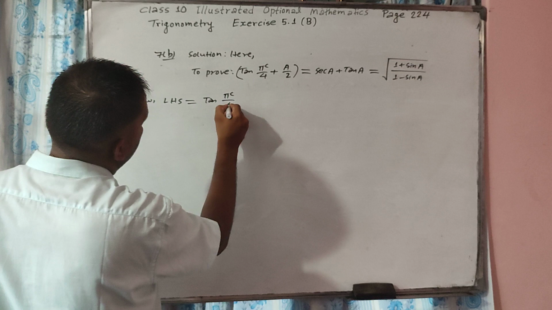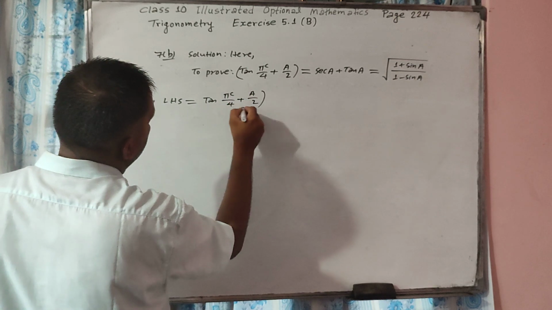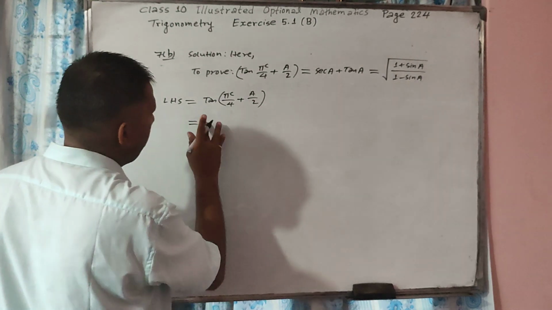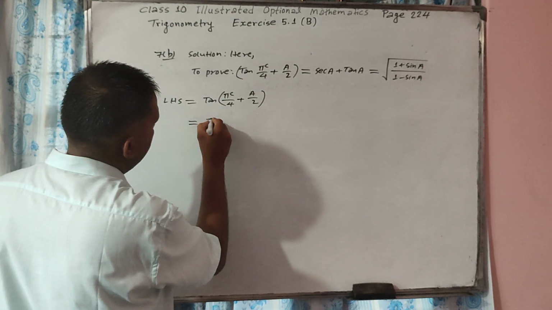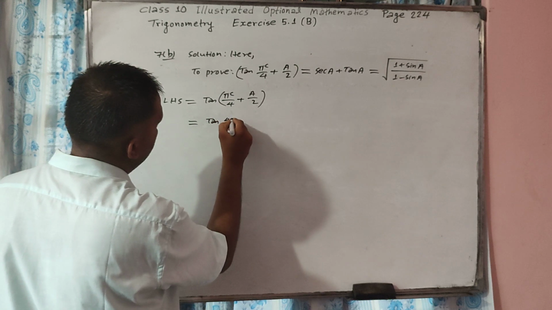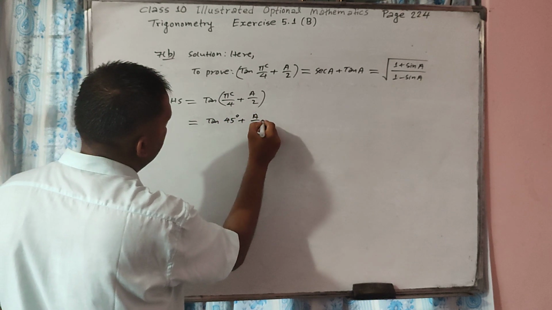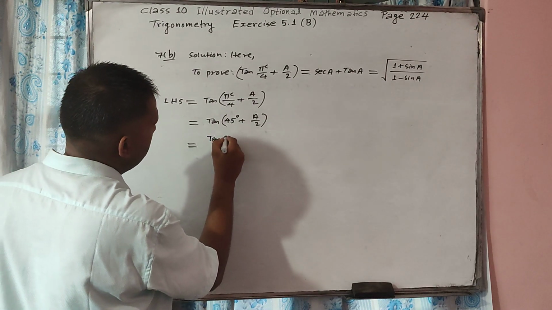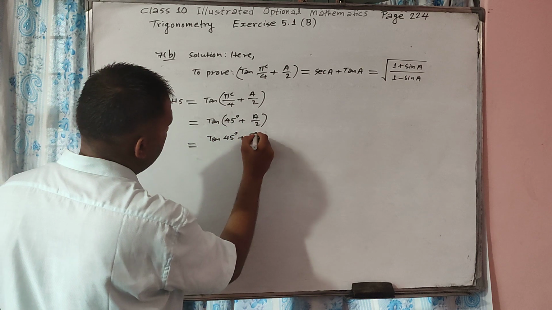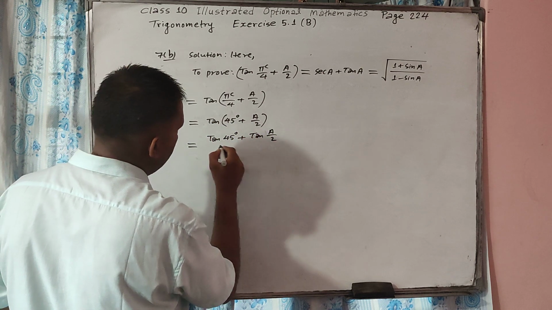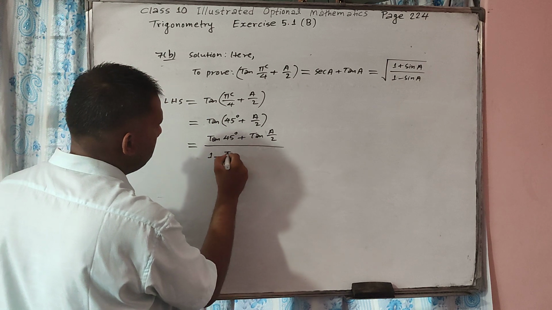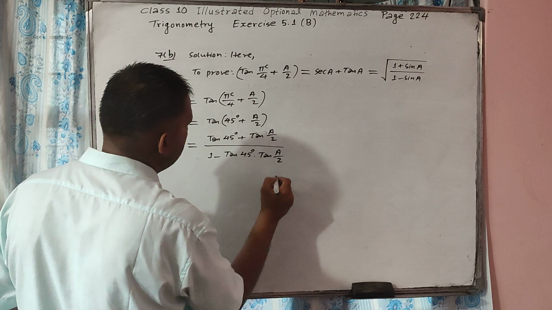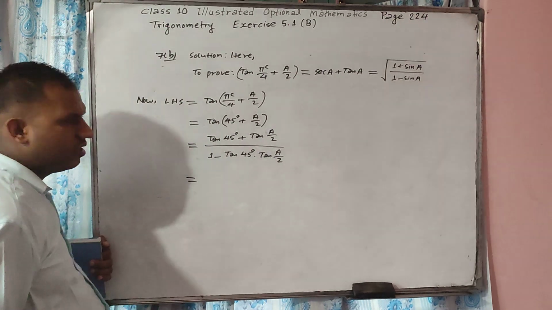tan(π/4 plus a/2) equal to tan(45 degree plus a/2). Tan(a plus b) comes, so using formula of tan(a plus b): tan 45 plus tan(a/2) all upon 1 minus tan 45 into tan(a/2). Tan 45 degree, its value is 1.